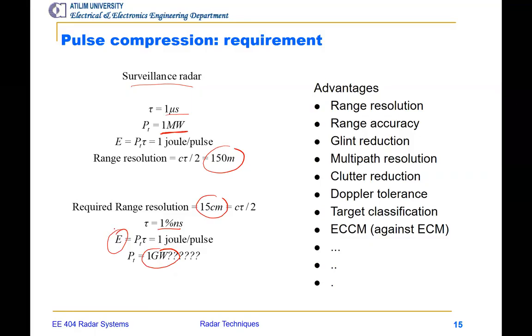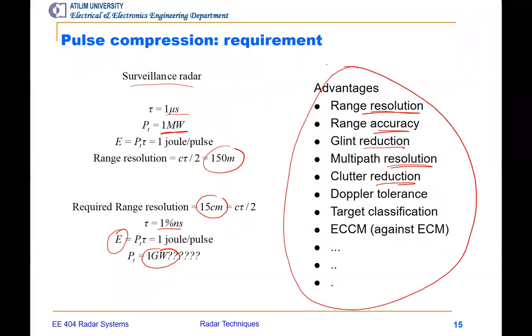Instead, we can use pulse compression. It provides range resolution, accuracy, glint reduction, multipath resolution, clutter reduction. You see, there are too many advantages of pulse compression. The cost will be the complexity, of course. You need more complex signal processing, more complex system design.